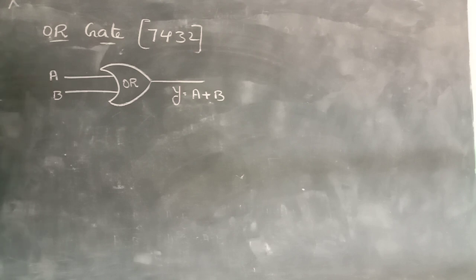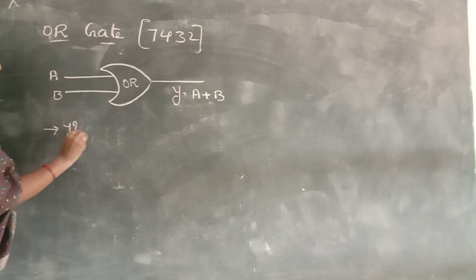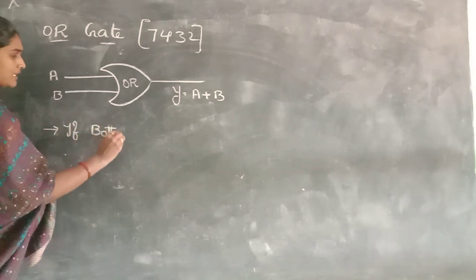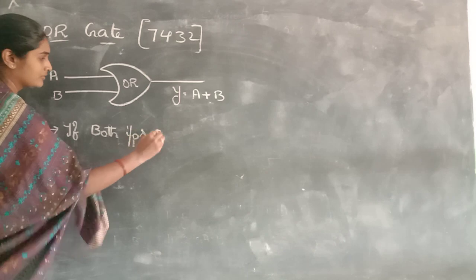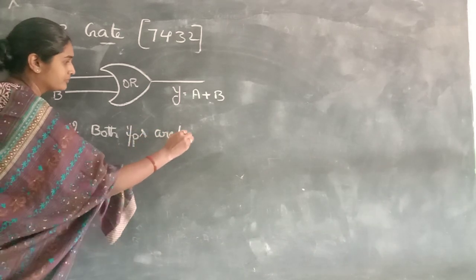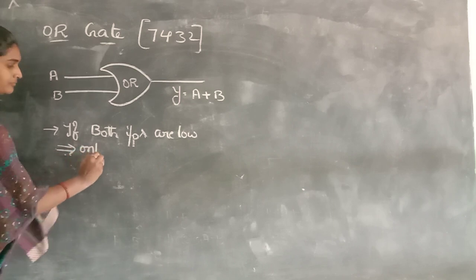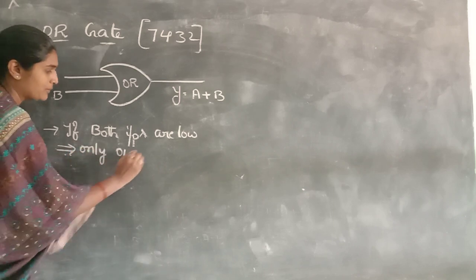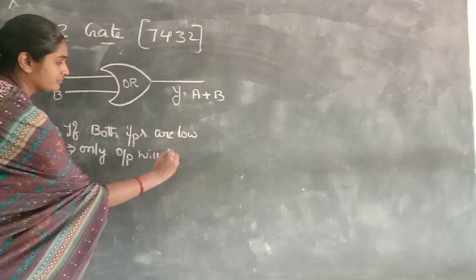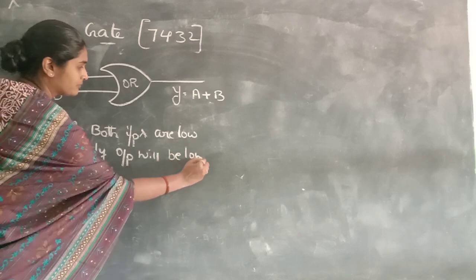In words, the logic of the OR gate is: if both inputs are low, then only the output will be low.